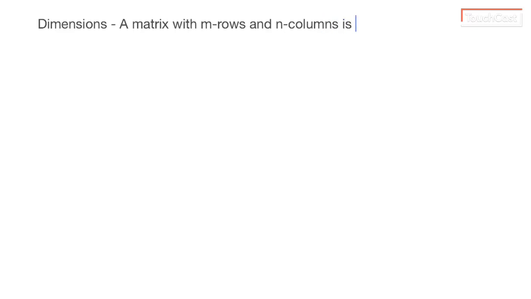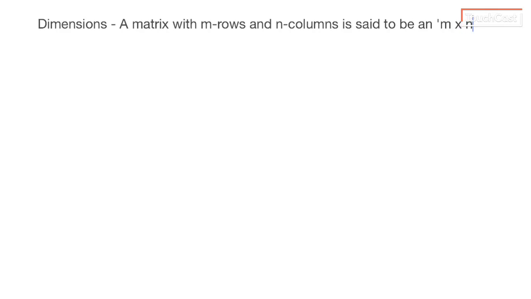Now a matrix is going to have dimensions. So let's define what dimensions are for a matrix. A matrix with m rows and n columns is said to be an m by n matrix.